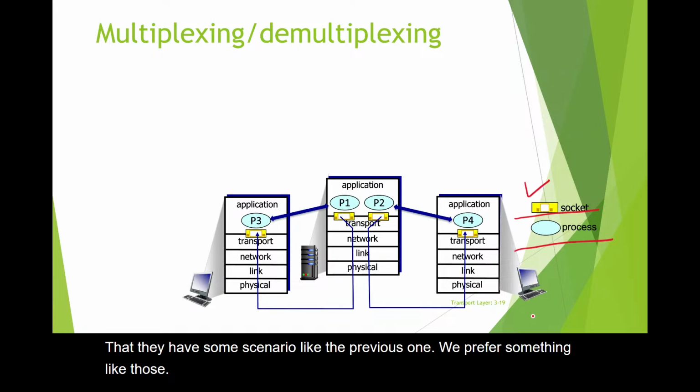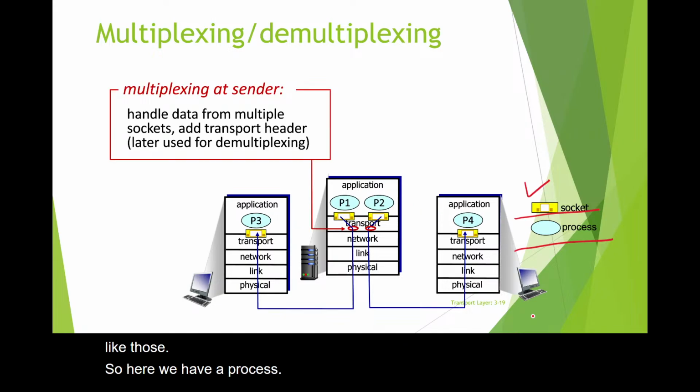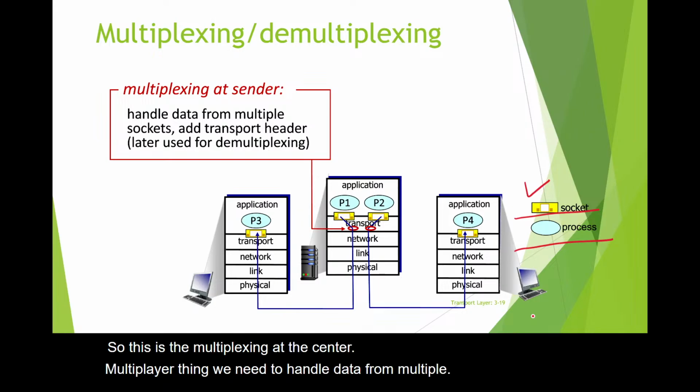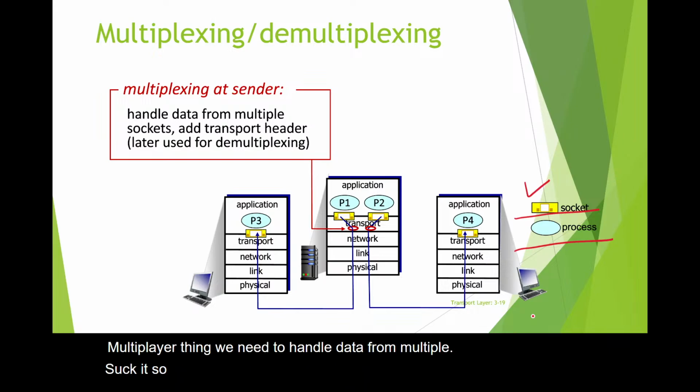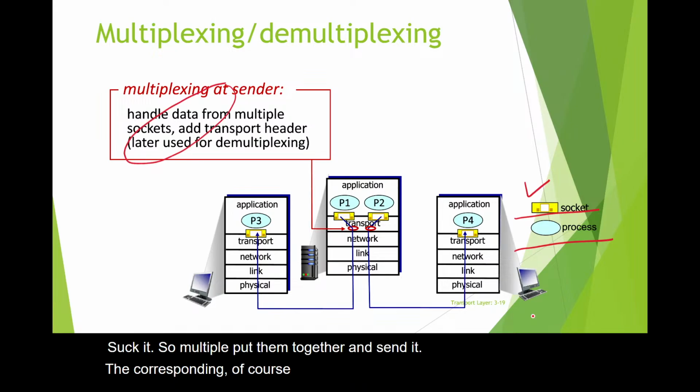So here we have a process. This is the multiplexing at the sender. With multiplexing, we need to handle data from multiple sockets, put them together, and send them to the corresponding receiver before they reach the destination.